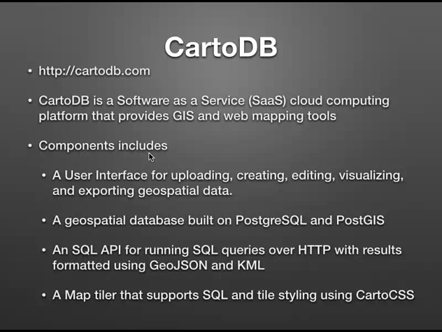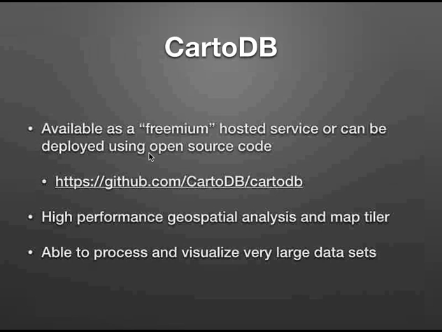And they also have on their server, this is a really important thing, a map tiler that works with the database, the SQL, and is able to be styled using something called CartoCSS. CartoCSS is actually not a product from CartoDB per se, but an open source standard for stylizing maps. So when I want to, for example, stylize a marker, change the color, or stylize polygons or features on the map, I'm going to use this CSS-like language to do that, which makes it really easy to do.